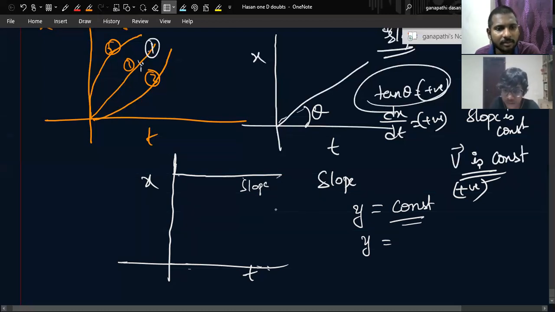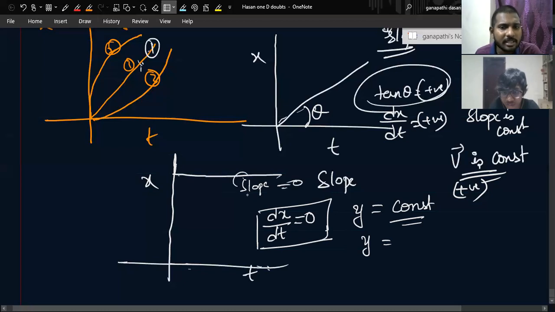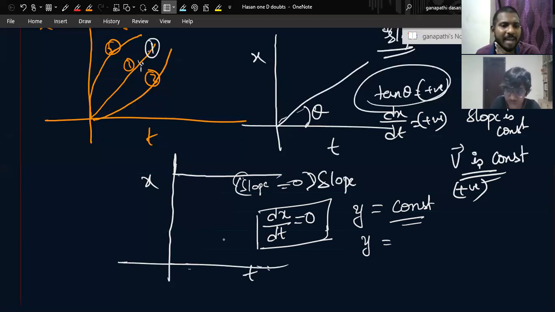Dx by dt is nothing but what? 0. You know this, isn't it? The slope of a line parallel to the x-axis is 0. The slope of the x-axis is 0.